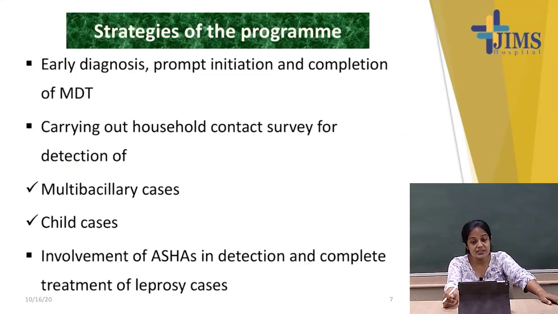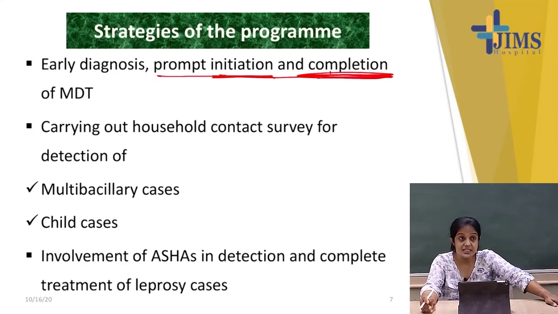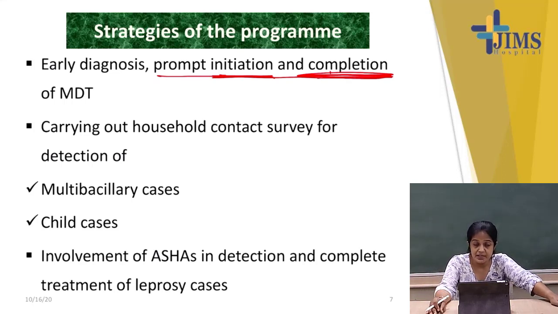Early diagnosis, prompt initiation and completion of the treatment. Initiation is much easier, but the continuation and sustainability of the treatment is very important. For paucibacillary leprosy patients, the 6 months treatment has to be finished within 9 months without any drug interruption of more than 1 month.